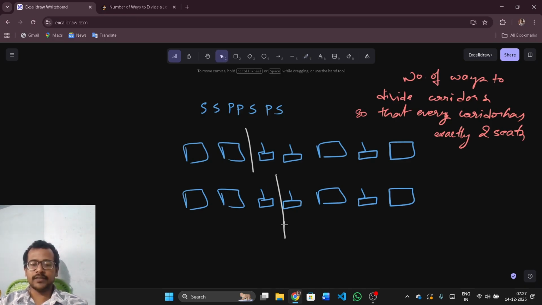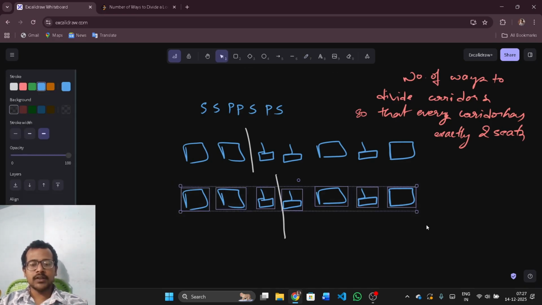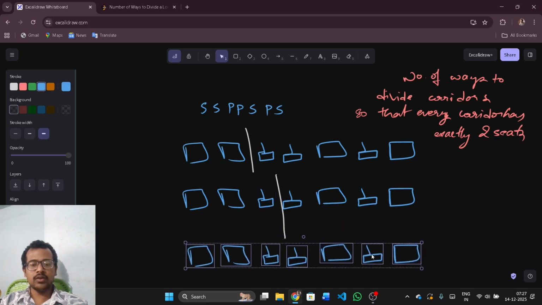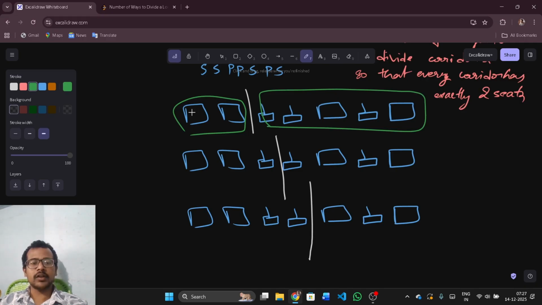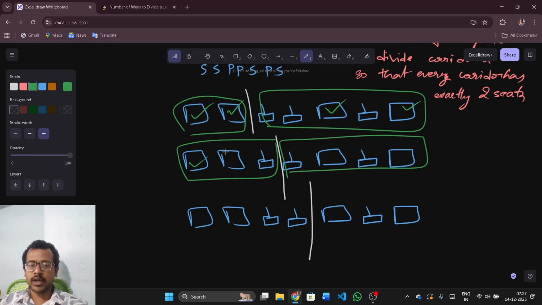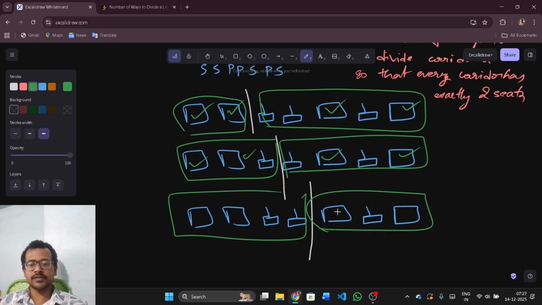Now the third way I want to divide this is in this way. This is one corridor and this is one corridor. In every corridor, I have two seats. I have two corridors.